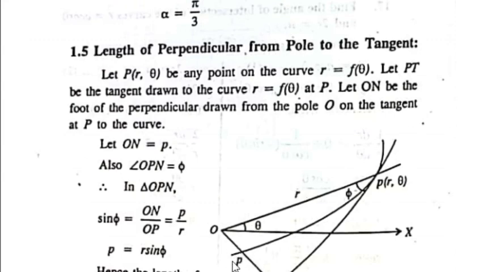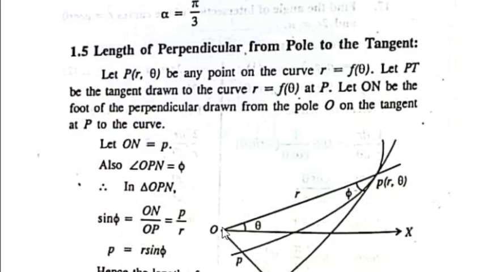So here let r is equal to f of theta be a curve, and let P be a point on this curve, and from this point draw a tangent. Then let ON be the foot of the perpendicular from the pole onto the tangent.